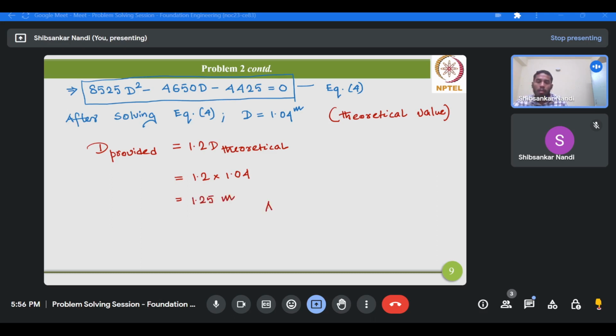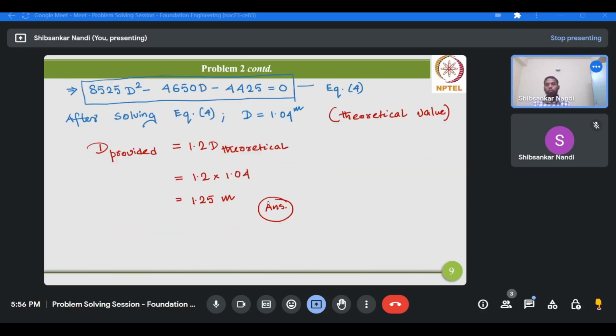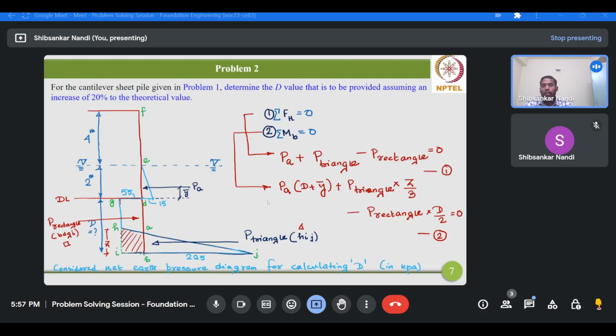So the value 1.25 meter embedment depth we should provide for the given cantilever sheet pile wall. In this way we can calculate the provided D value.